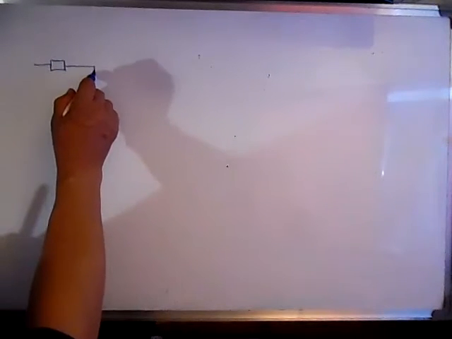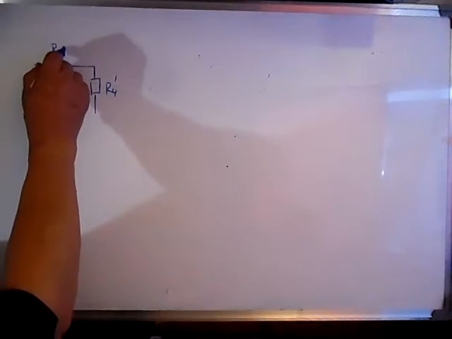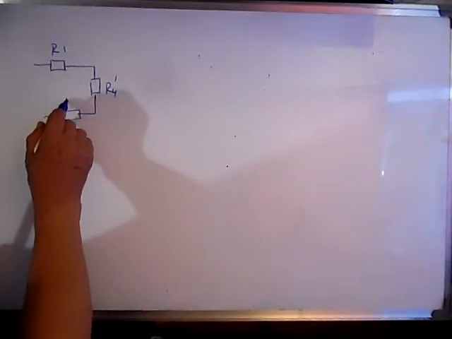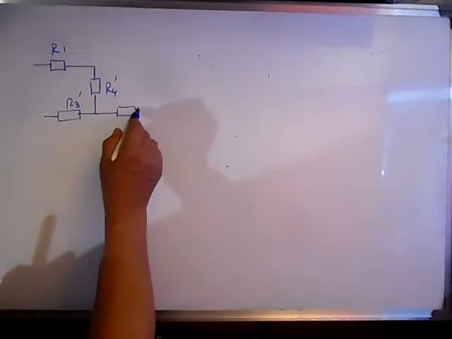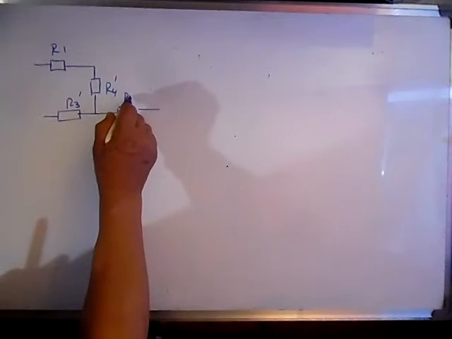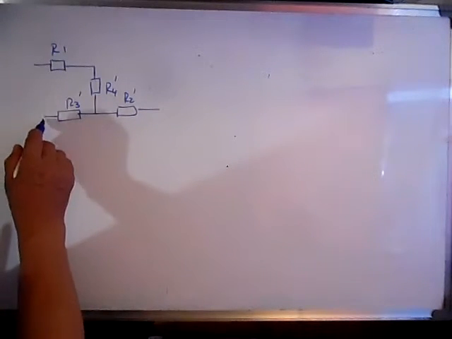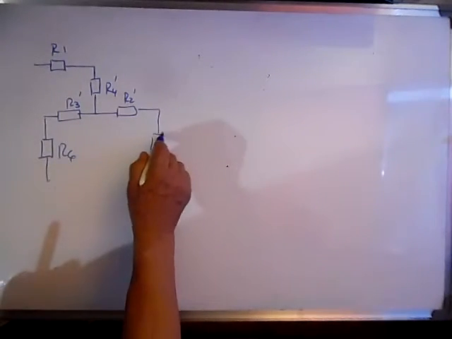Here I will draw it. Now we have a circuit that looks like this. R4 prime, R1, R3 prime, R2 prime, R6, and R5.